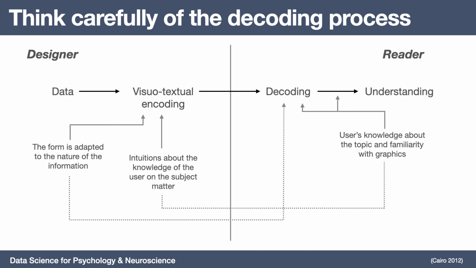Your encoding or your visualization should garner intuitions about the knowledge of the user on the subject matter itself. So you can assume some degree of prior knowledge on the reader, but how much you assume depends on the audience you're communicating.